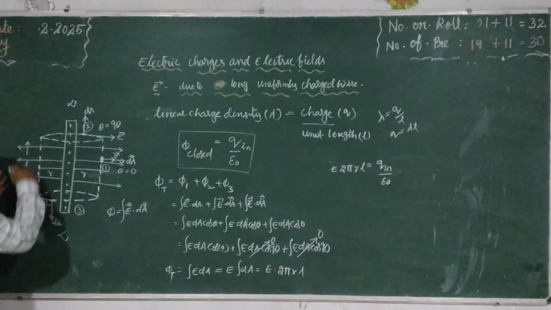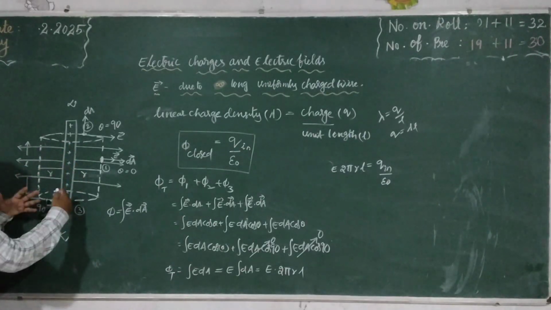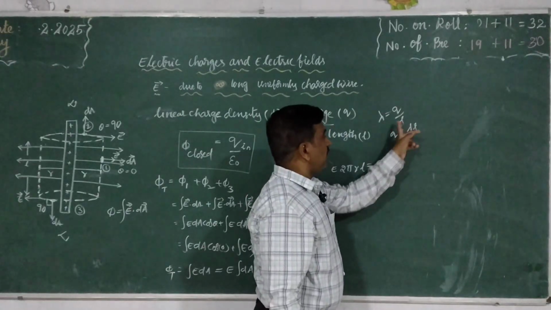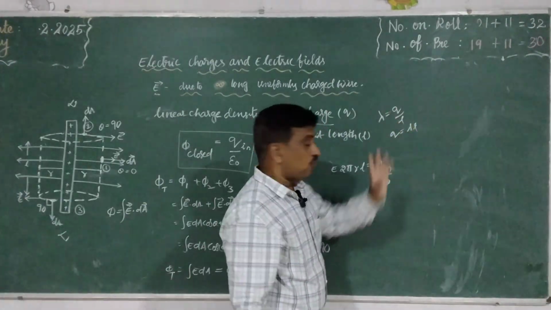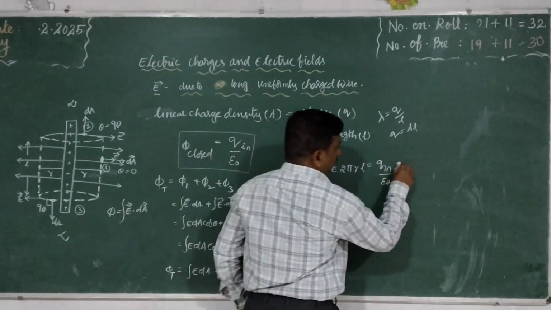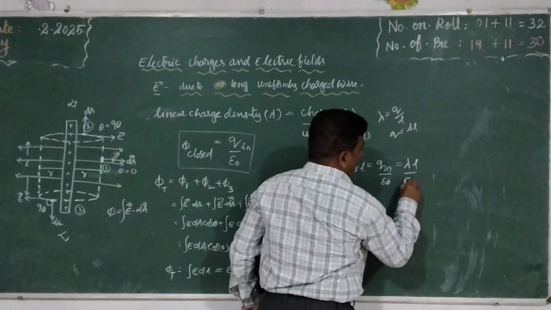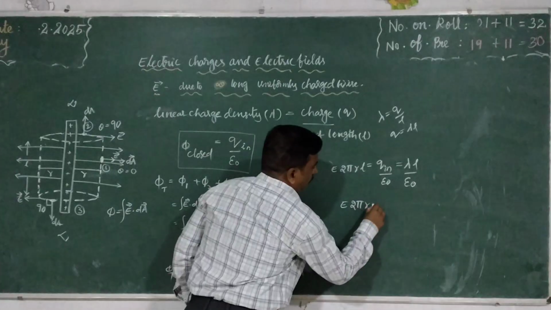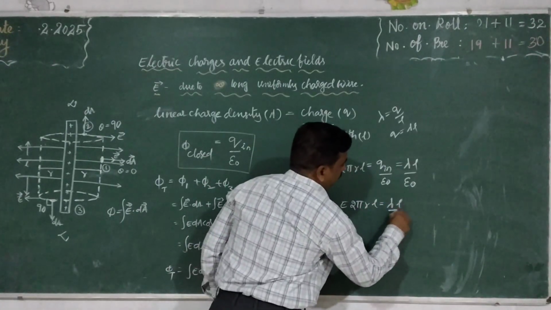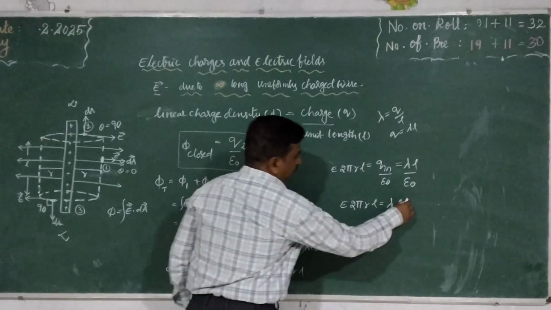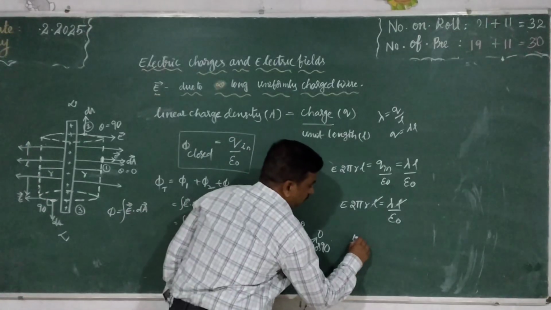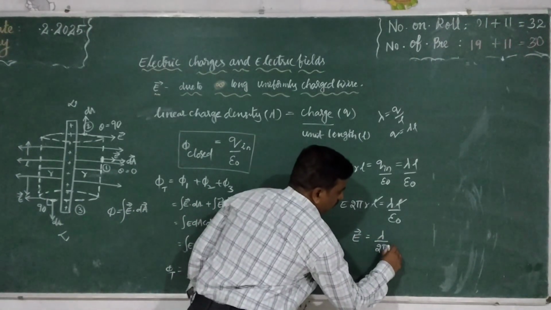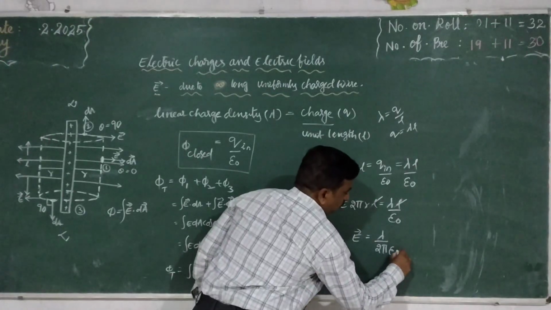So E 2 pi R L equals lambda L by epsilon naught. The L cancels, and we get E equals lambda by 2 pi epsilon naught R.